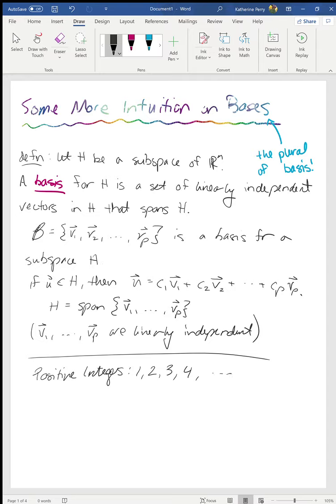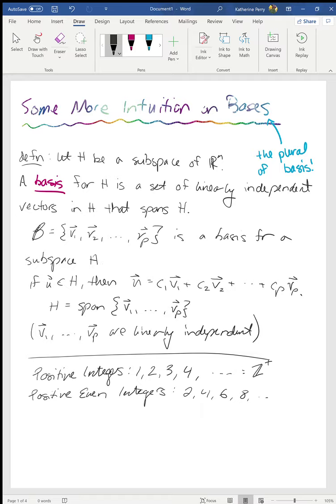And if I have the set of positive even integers, this is the set 2, 4, 6, 8. And I'm going to use this symbol. So Z is the symbol for integers, just like R is the symbol for real numbers. And if I put a plus on top of it, then that's this 1, 2, 3, 4, and so on.